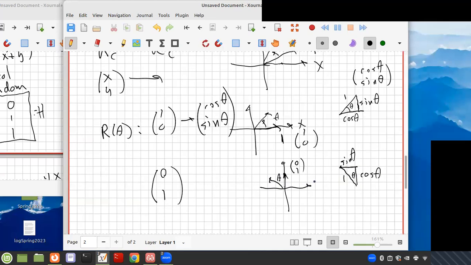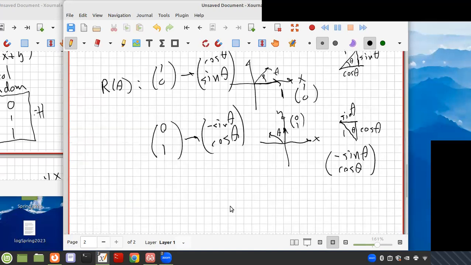If you put it back in the coordinate system, this point is on the x-axis, so that's minus sine theta, because I've come on the negative side. Then the y-coordinate is cosine theta. So this vector goes to minus sine theta, cosine theta.